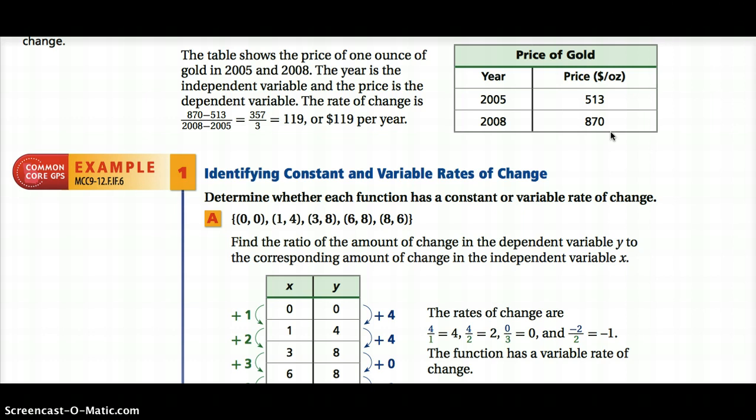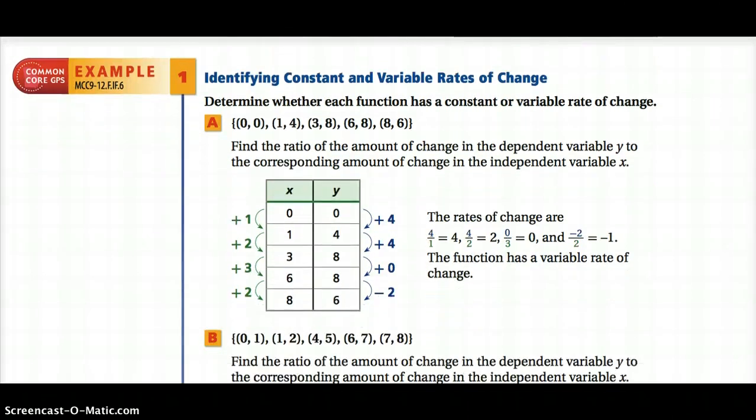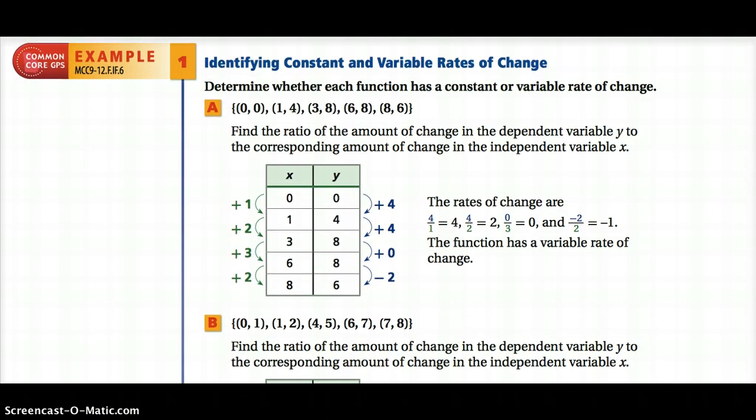Again, to find the rate of change, you can calculate the change in y, which is 870 minus 513, over the change in x. When you calculate that, you get 119 per year. So if I was going to write a linear function, I could say that the slope of the linear function is $119 per year.